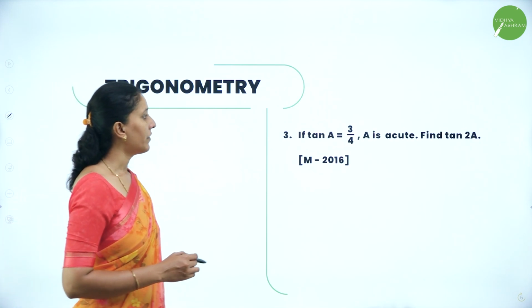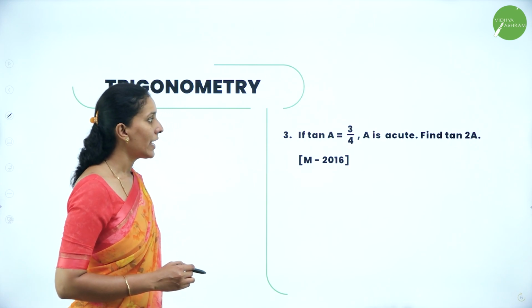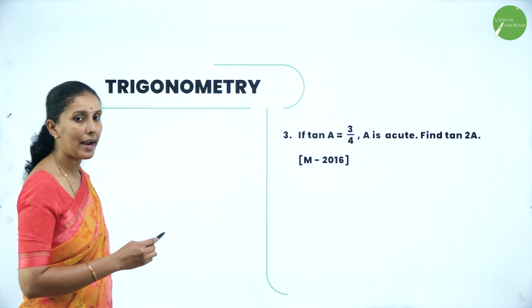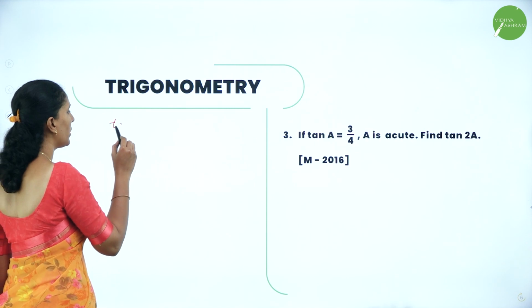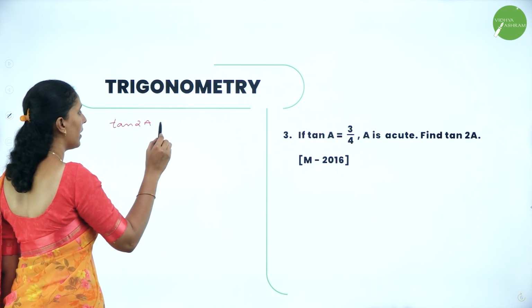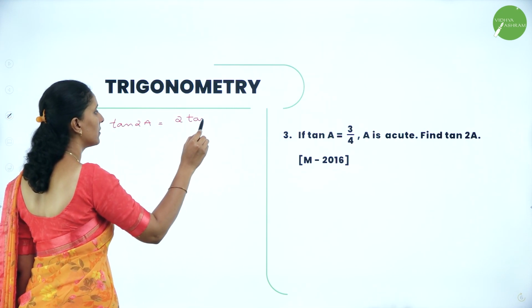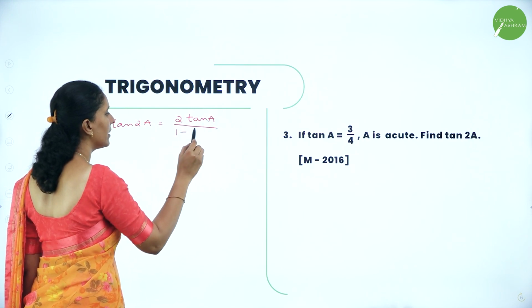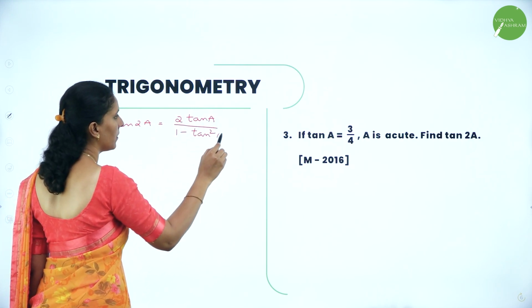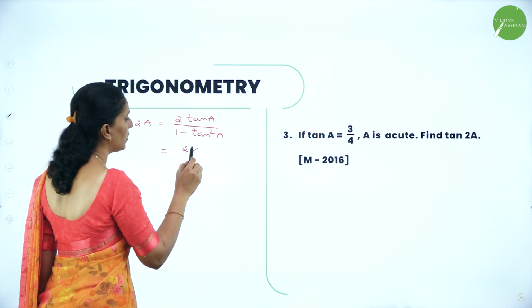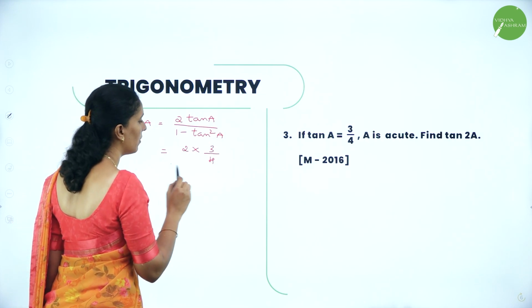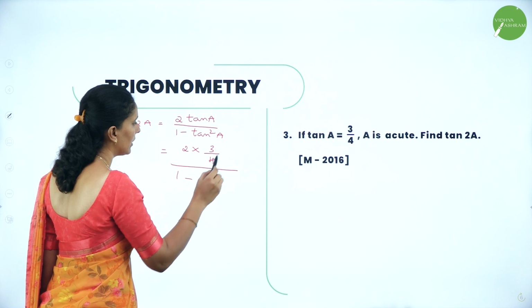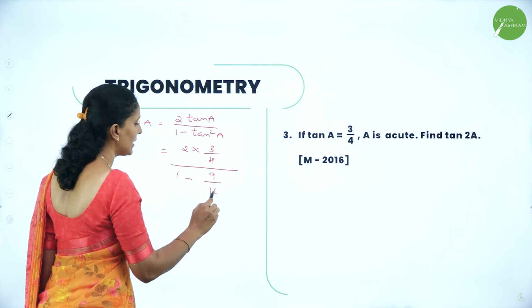Next, if tan A is equal to 3 by 4, A is acute, find tan 2A. So tan 2A is given by 2 tan A divided by 1 minus tan square A. So 2 into 3 by 4, divided by 1 minus 3 square by 4 square, that is 9 by 16.